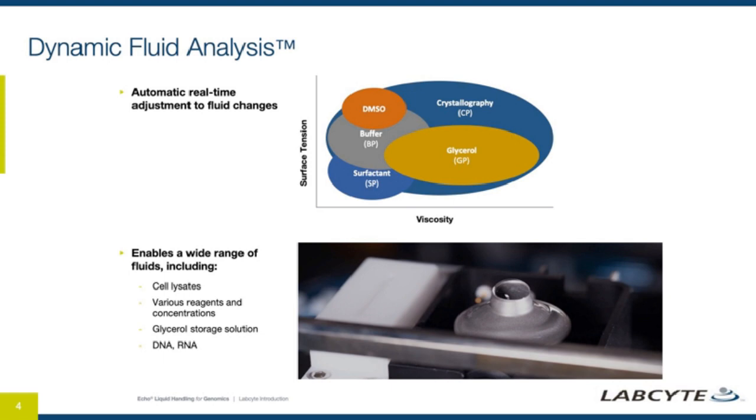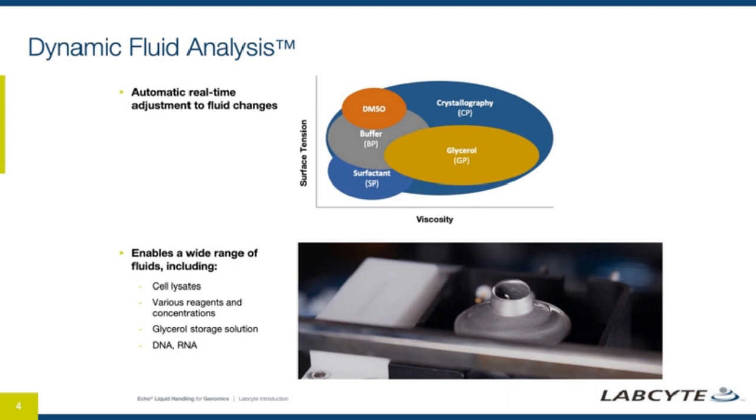We send a very soft ping into the well and listen for the echo, and based on the return of that signal, we are able to use our proprietary technology called dynamic fluid analysis to determine the viscosity of the liquid as well as the well height. So we know exactly how much liquid is in a well, as well as the viscosity and how much sound energy we then need to use to precisely eject our droplets.